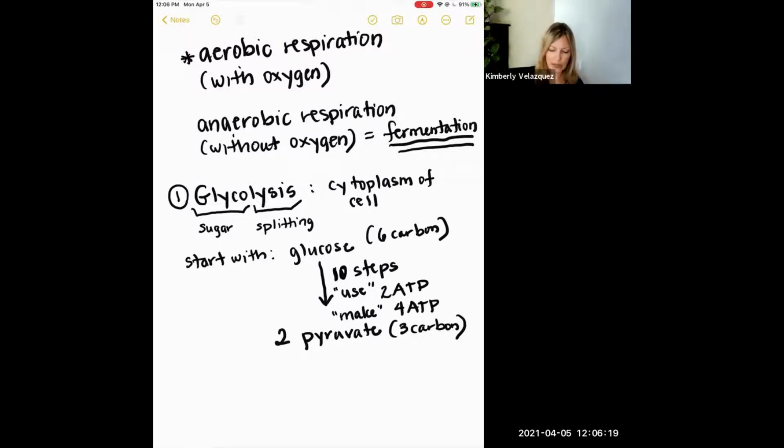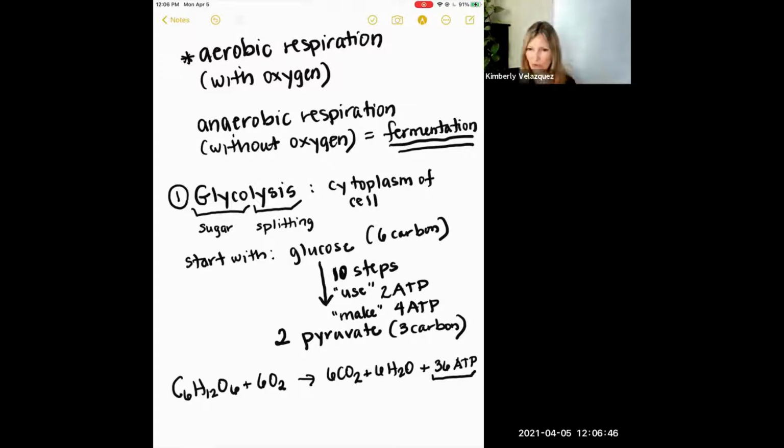So just to quickly remind you of the general equation for cellular respiration. 36 ATP, that's a very general number.